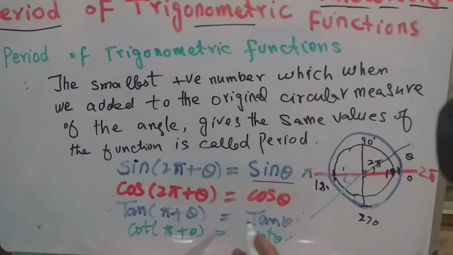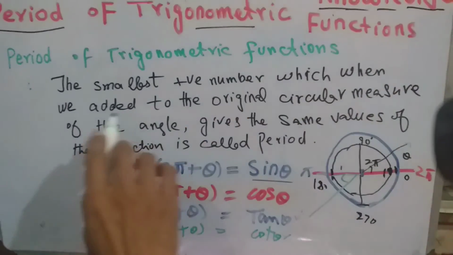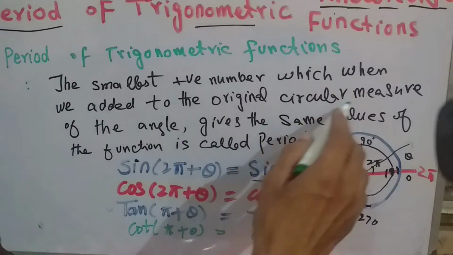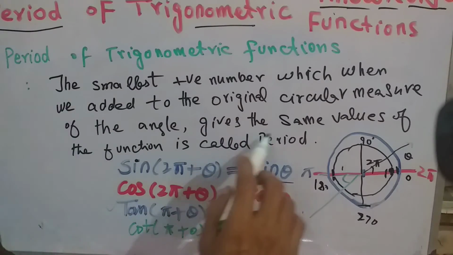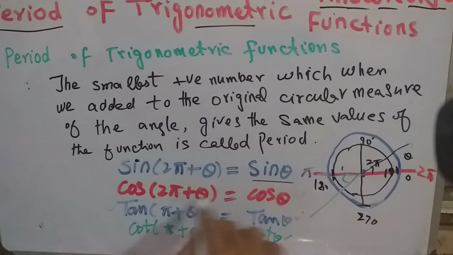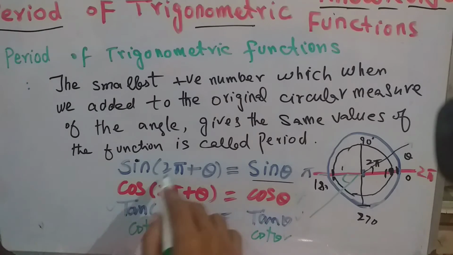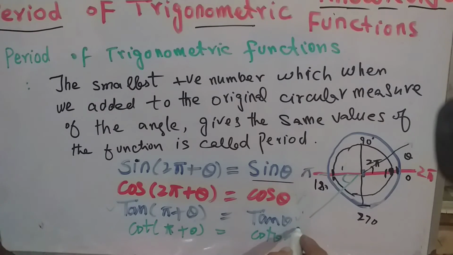In this stage the periodic function has the same value, no change. The positive number which, when we add it to the original circular measure of the angle, gives the same value, no change: cos theta equals cos theta, sin theta equals sin theta, tan theta equals tan theta, and cot theta equals cot theta, no change. In this way we can understand this phenomenon is known as periodicity.